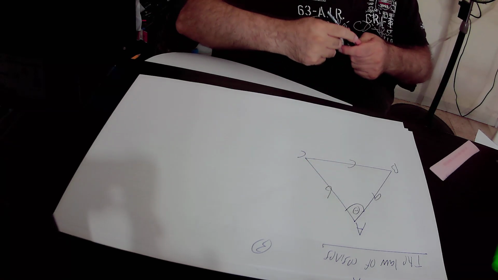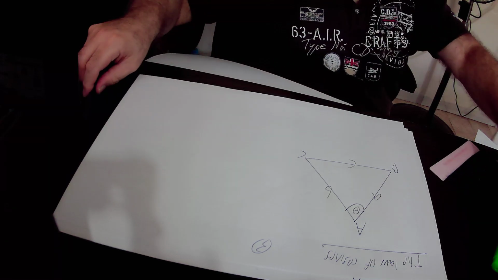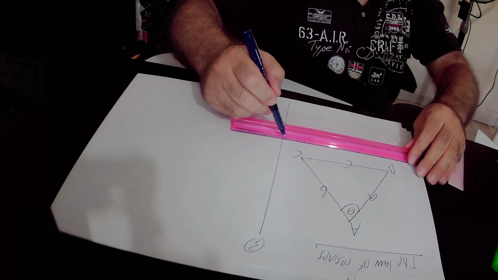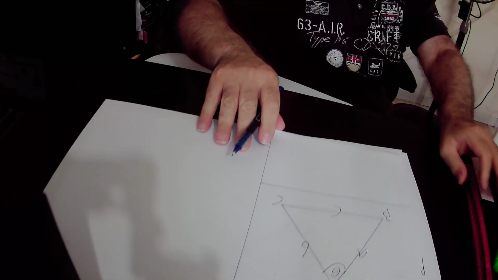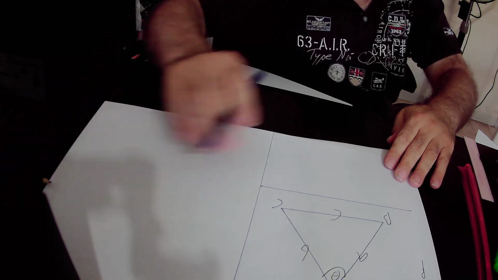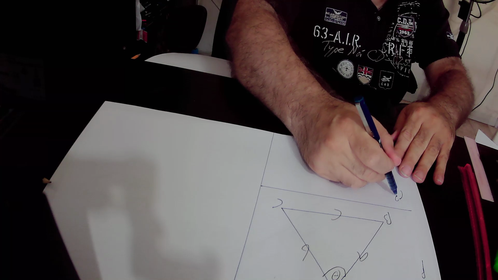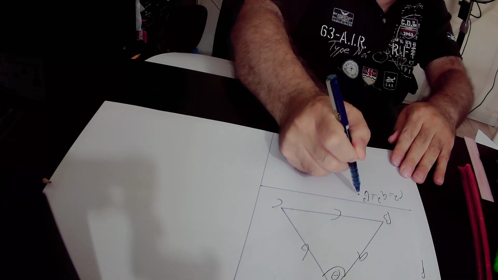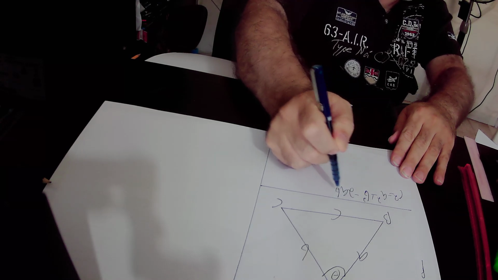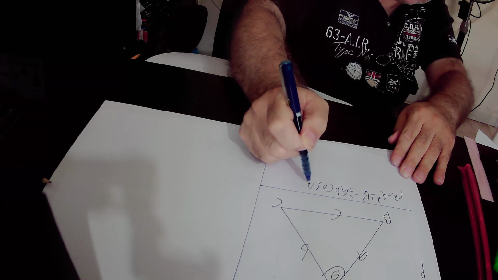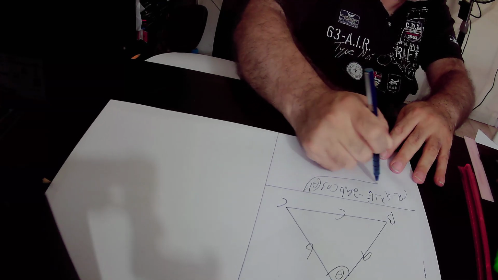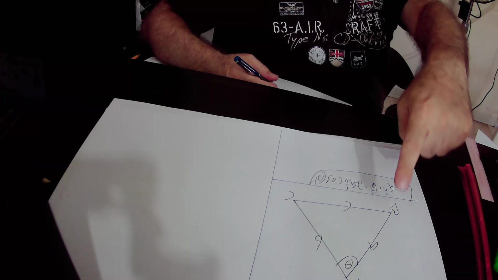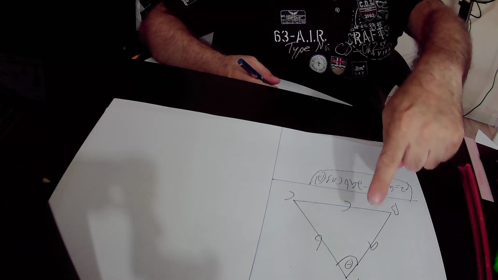Then, according to the law of cosines, we will get that C squared equals A squared plus B squared minus 2 times A times B times cosine theta. Okay. Repeat again. In triangle ABC, C squared equals A squared plus B squared minus 2 times A times B times cosine theta.